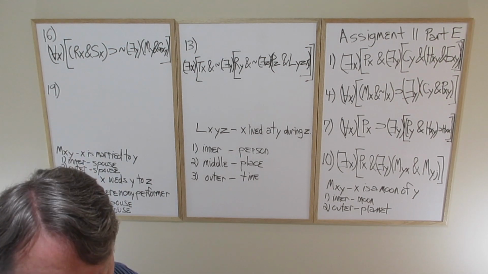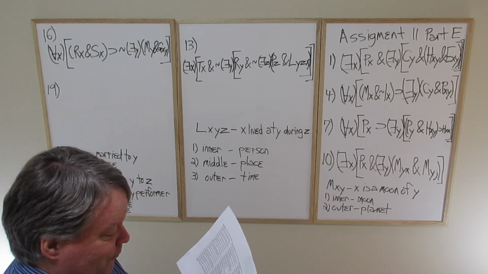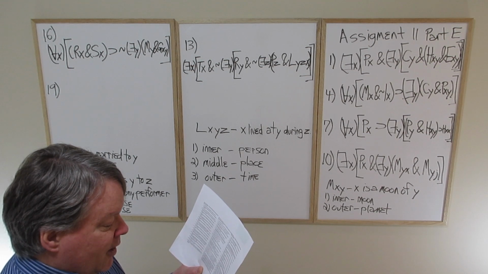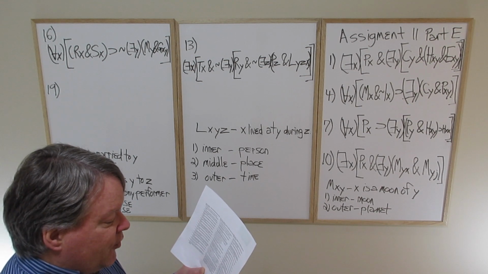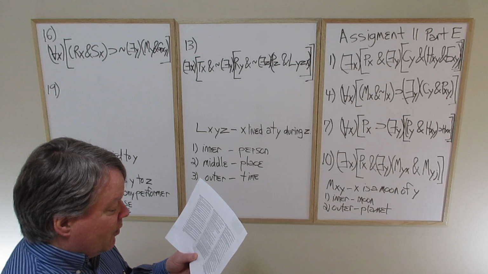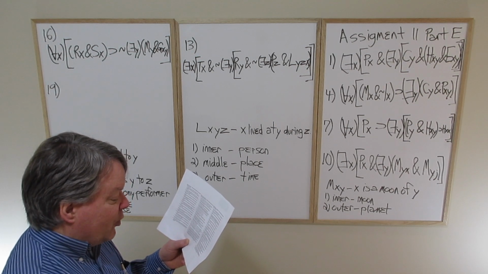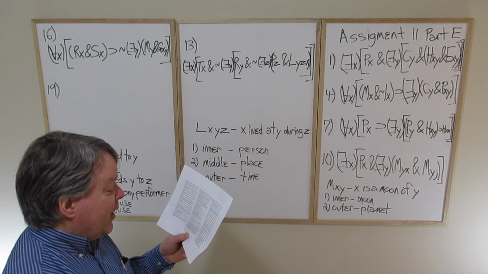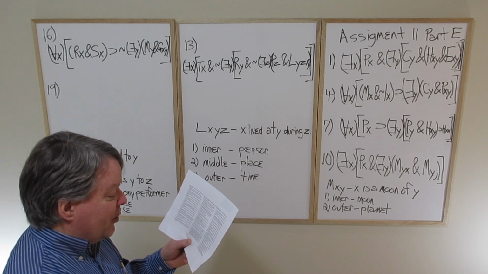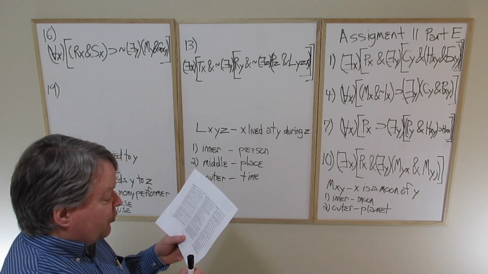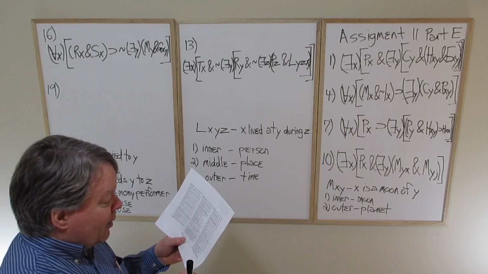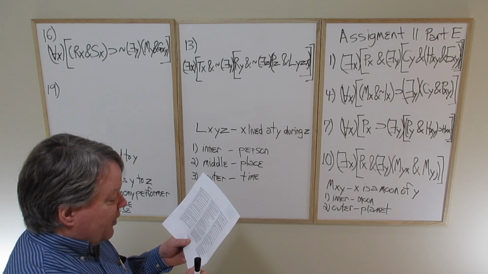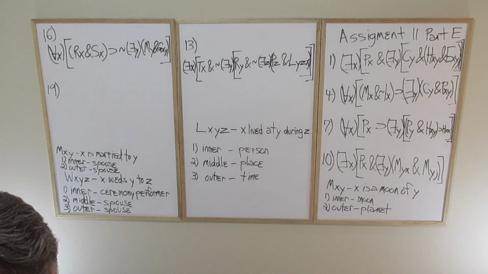Finally, we move to question 19. If anyone is married to anyone, then someone wed them both. So, we've got the one-place predicate person, we've got the two-place relation M x y, x is married to y, and we've got the three-place relation W x y z, x wed y to z.